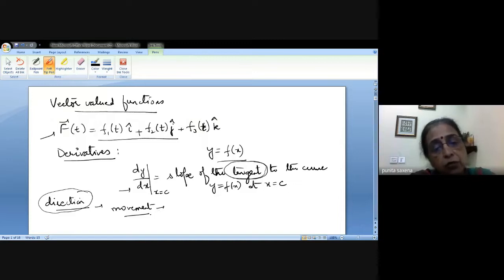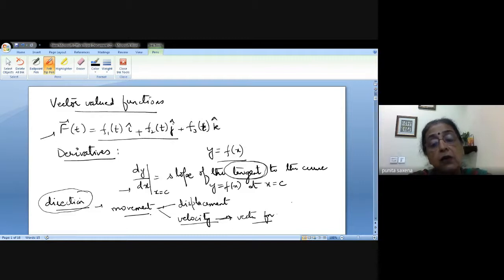When we talk in terms of movement, we talk of the displacement function, the position where it is at a particular moment. Then it moves in some direction, with some rate of change of displacement with respect to time, and that we call the velocity. We know very well that velocity is a vector function.